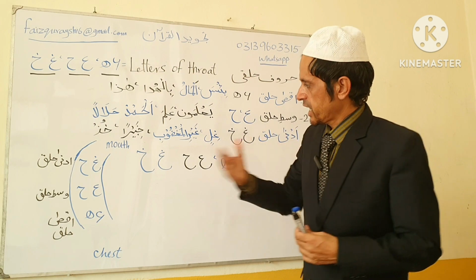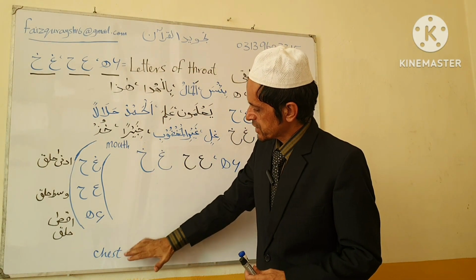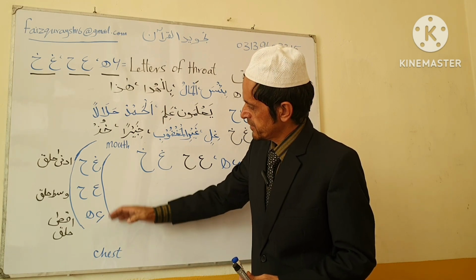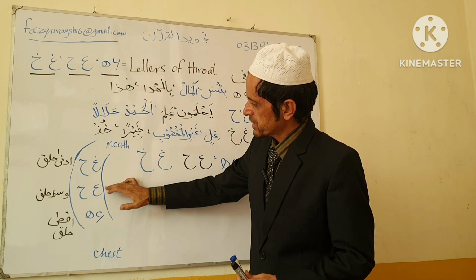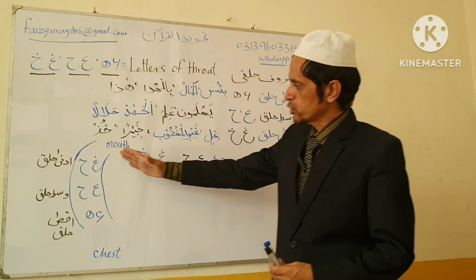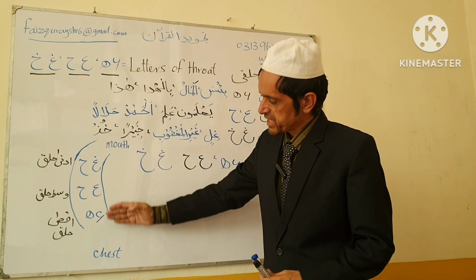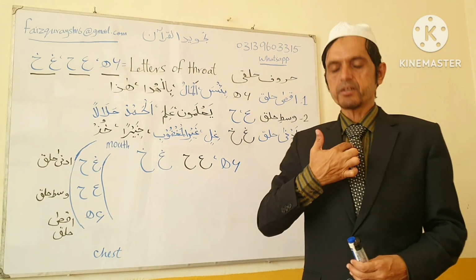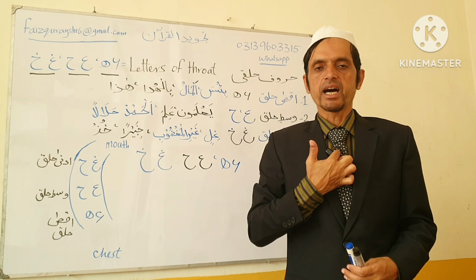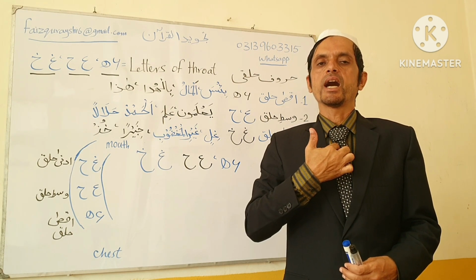Now this is our throat. I have made a diagram here so you can see. This is the chest side of our throat. This is the middle part of your throat, and this is the last part of your throat toward your mouth. So from the side of your chest you can articulate Hamza, Ha.